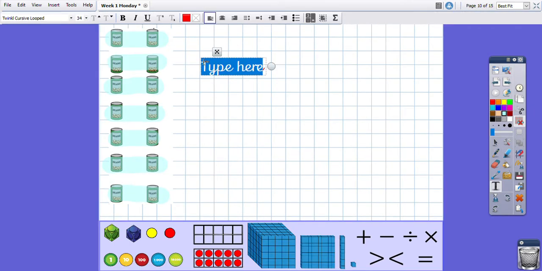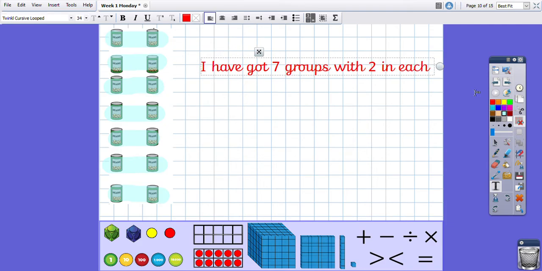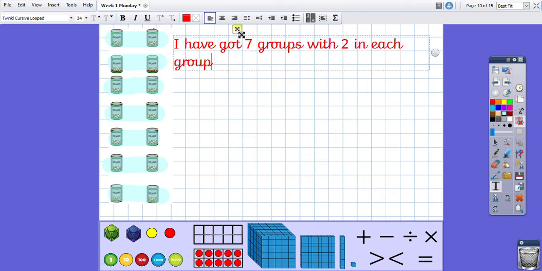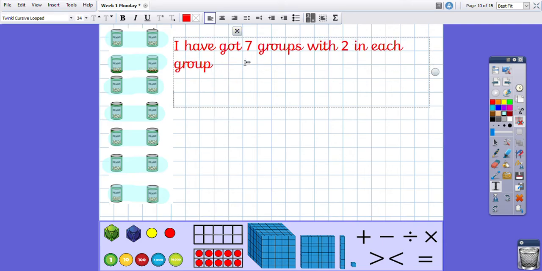So this time I have got 7 groups with, and there are 2 in each group. Okay, so I have got 7 groups with 2 in each group. So my multiplication would be 7 times 2 equals 14. And it has just used the same numbers as before.